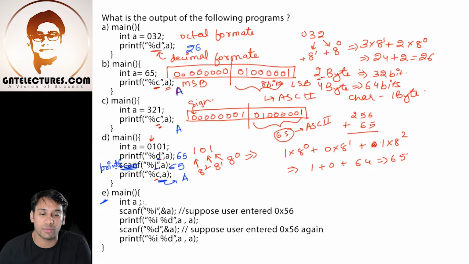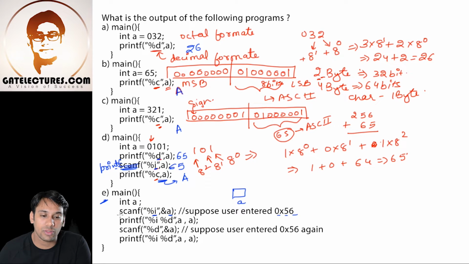So here we are having an integer variable A. In this integer A, first of all we are scanning the value of A with the %i symbol. That means we are asking the user to enter the value, and let us suppose the user has entered 0x56. As I already told you, this %i is used for integers.